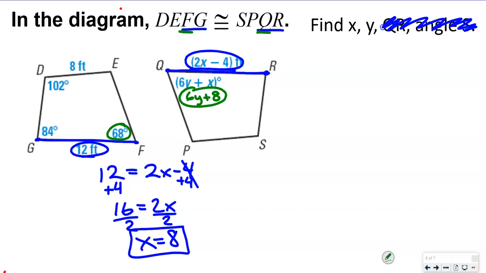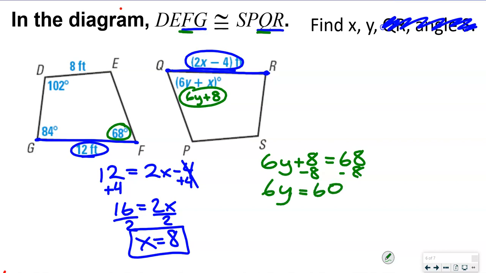So 6y plus 8 equals 68. And just solve for y. So subtract by 8, we get 6y equals 60. Divide by 6. And y equals 10.